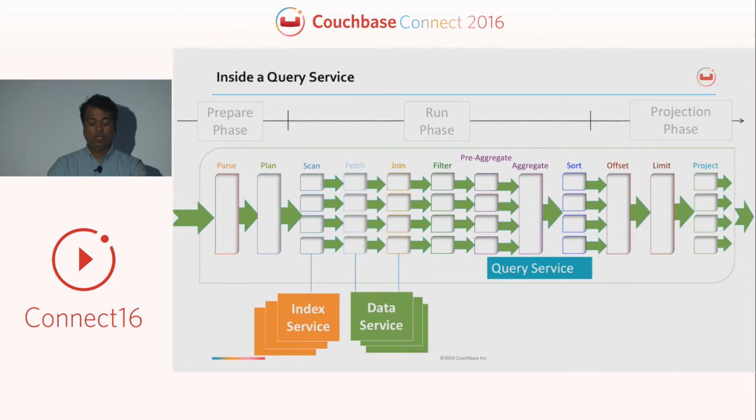Okay. So in this process, we have the prepare phase. That's where the parsing and the planning happens, and then you run the actual query, and then finally you project the result set. Planning is the focus of this talk, and the reason I'm highlighting the prepare phase and the run phase separately is that one of the optimizations you can do to improve your performance is to prepare the query once and then execute the query multiple times by binding different values to the query parameters.